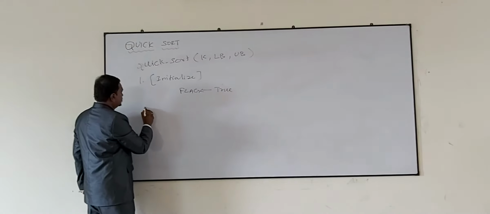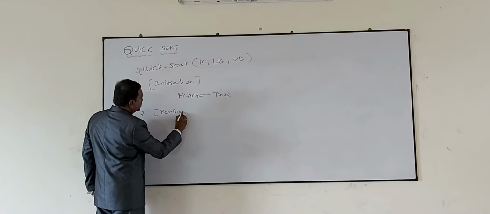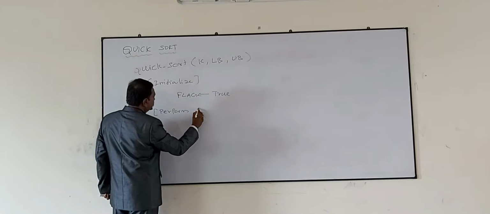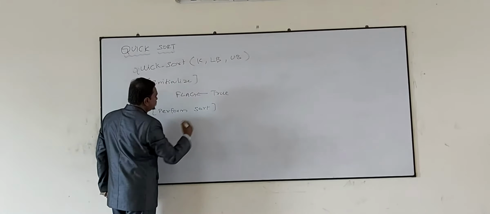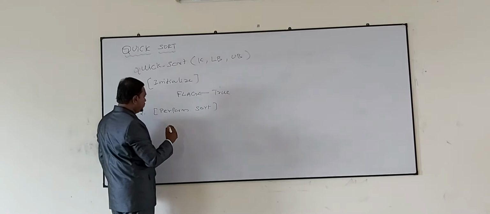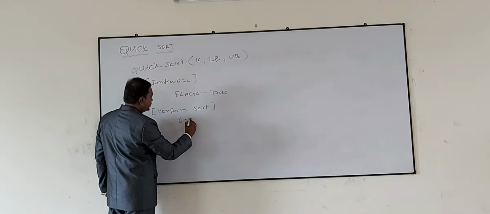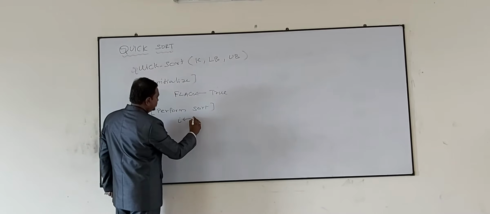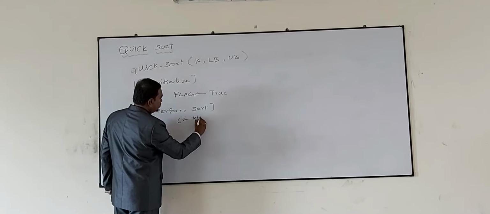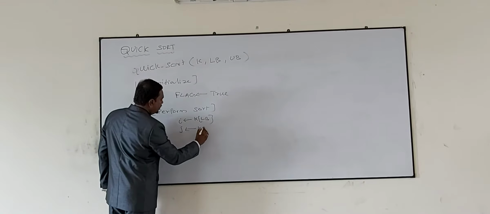The second is perform sorting. Now we introduce the two elements, that is I is the K of lower bound and J is the K of upper bound.